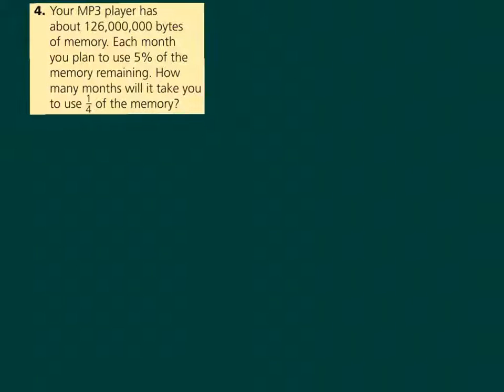Here, you read through this problem, and what you need to realize is this is an exponential decay problem, meaning we need to use our formula for modeling exponential decay. That looks like this. So we know that P, the principal amount, is 126 million.